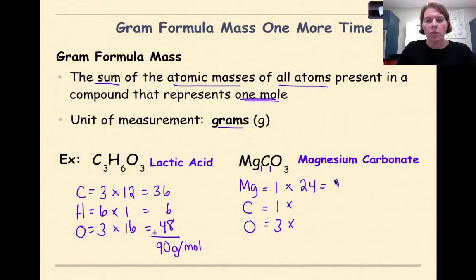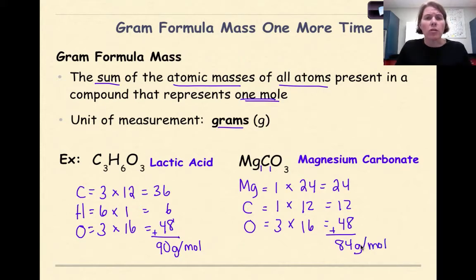So 1 times 24 is 24. Carbon is 12. 1 times 12 is 12. And finally, oxygen is 16. So 3 times 16 is 48. If I add together 24 plus 12 plus 48, I get 84 grams per 1 mole.